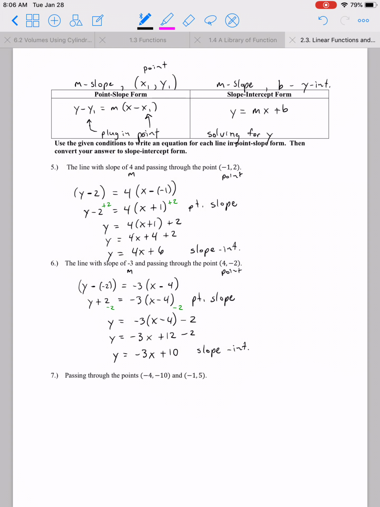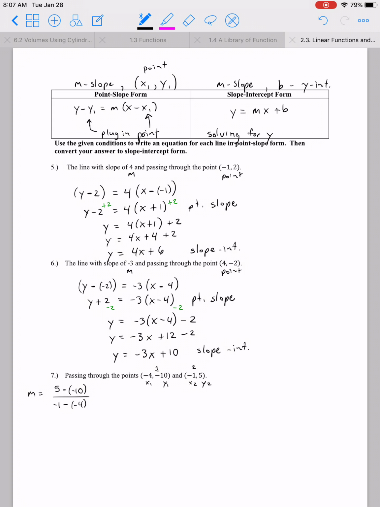Here, we're not given the slope, but we're given 2 points, which means we can actually figure out what the slope is. If we call this point 1 and this point 2, this would be x1, y1, x2, y2. And then we can find the slope. M is going to equal change in y, so y2 minus y1, that's 5 minus -10 over top of x2 minus x1, that's -1 minus -4.